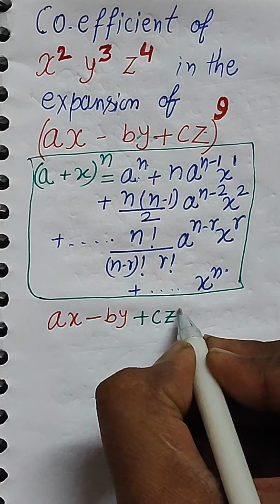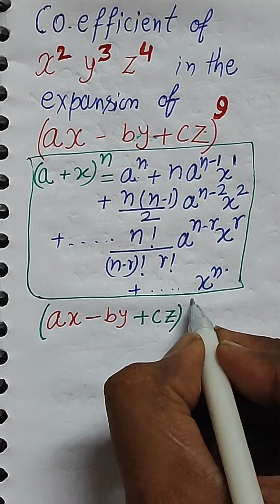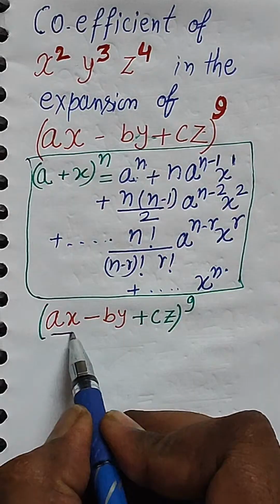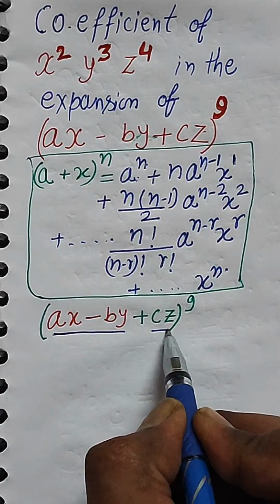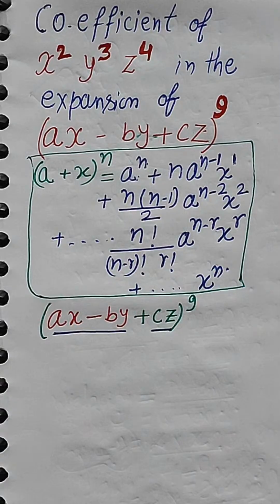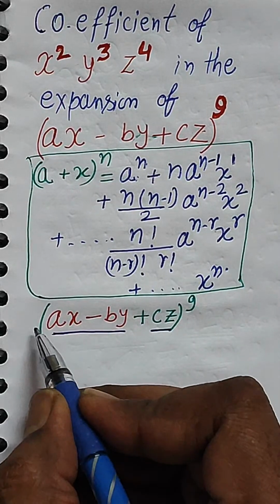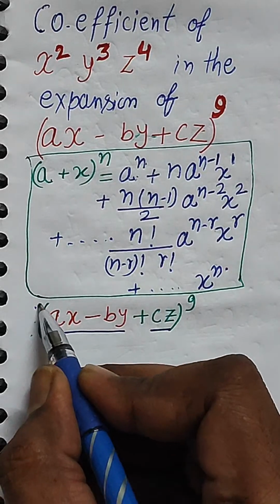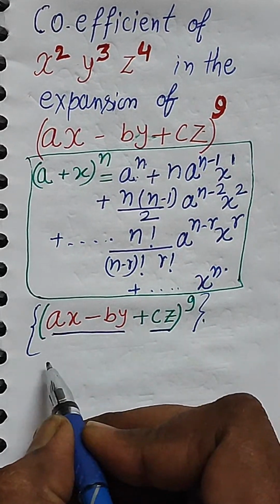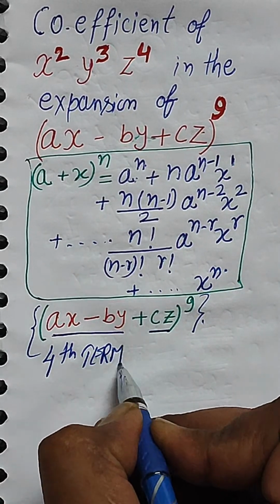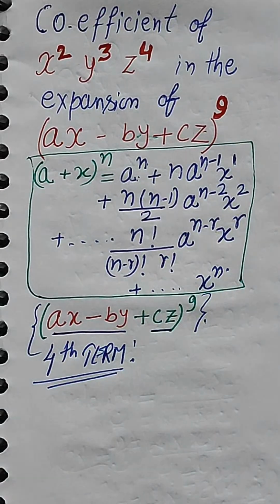Why I am writing it like this, I am explaining to you. If you make a pair of ax minus by, and the third term is left separate, then the fourth term of this expansion can be written as, what will be the fourth term? Tell me.